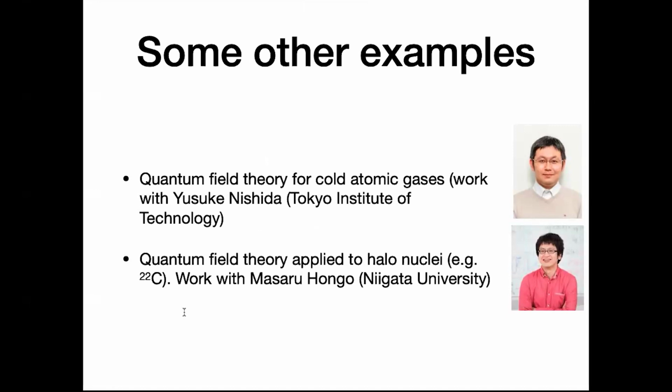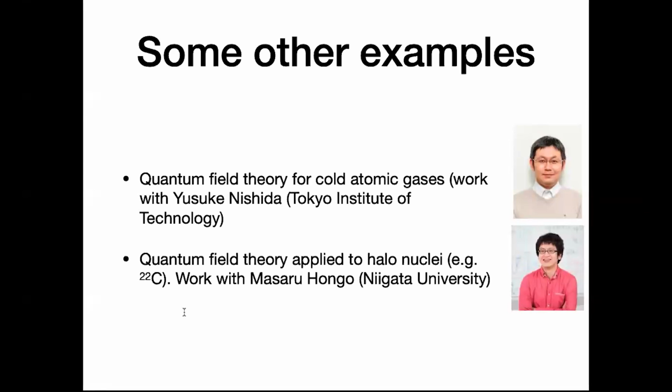Some time ago, I worked with Yusuke Nishida, who is now at Tokyo Institute of Technology, applying methods of quantum field theory to cold atomic gases. And we made a lot of interesting calculations of quantities that can then be measured in experiments with trapped cold atoms.